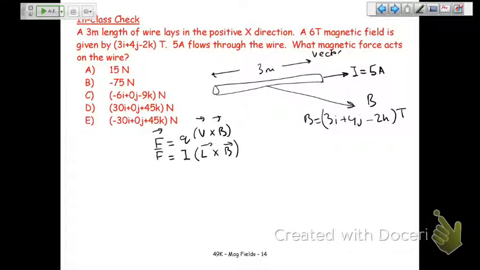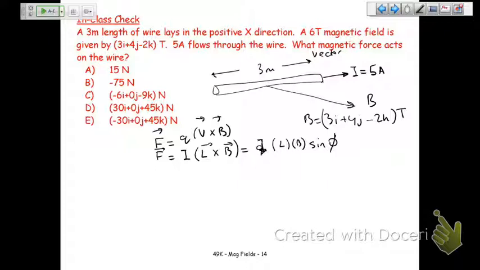So if I want to get the vector, well, let's be clear about this. This is equal to I times the magnitude of L times the magnitude of B times the sine of the angle between them. Sorry, it would be I, not Q. So which way are you going to go?